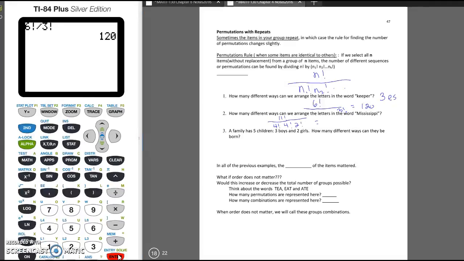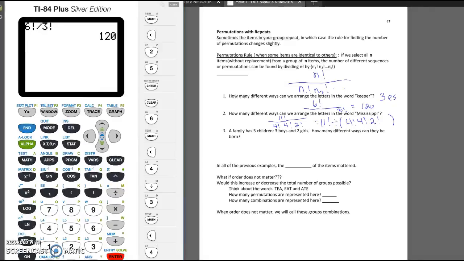When we put this in our calculator, we do 11 factorial divided by, and then we need parentheses around our entire denominator: 4 factorial, 4 factorial, 2 factorial. So we'll put that in.